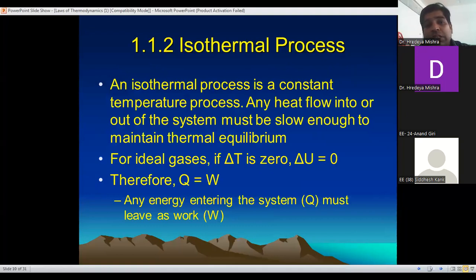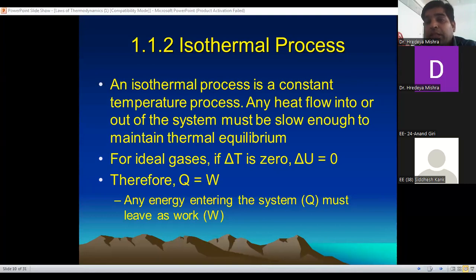Now, the next process is the isothermal process. And what is the isothermal process? An isothermal process is a constant temperature process.